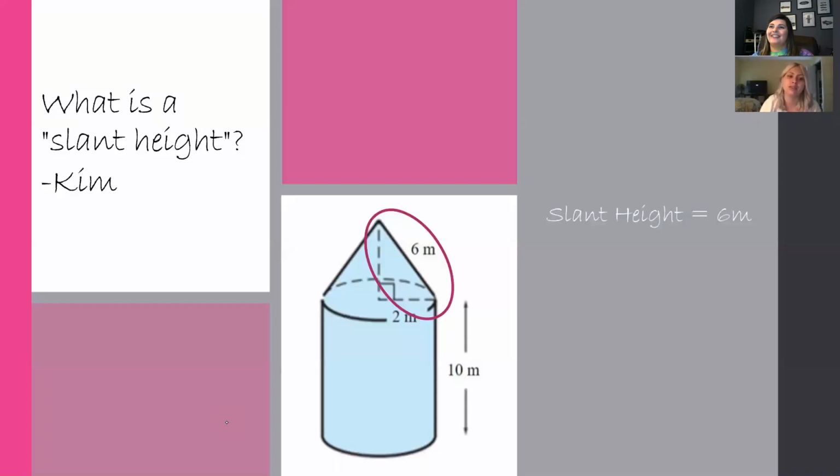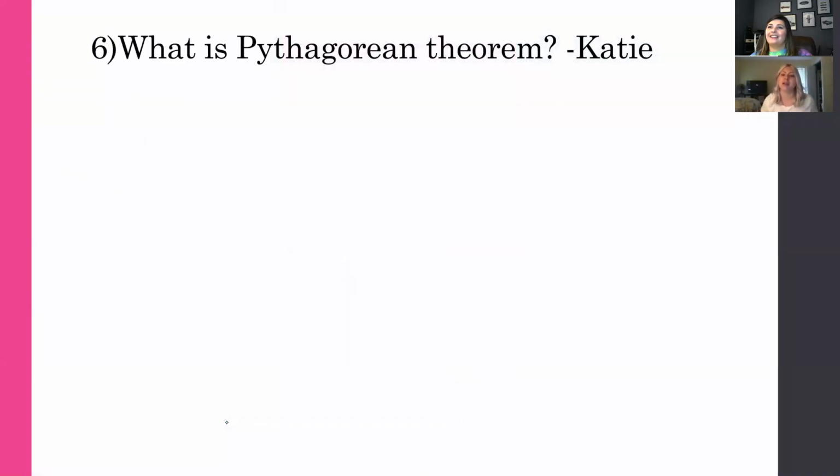Now that we're talking about slant height, this is probably the biggest question of all to me. What is the Pythagorean theorem? Say that 10 times fast, huh? So let me try my best to answer that.